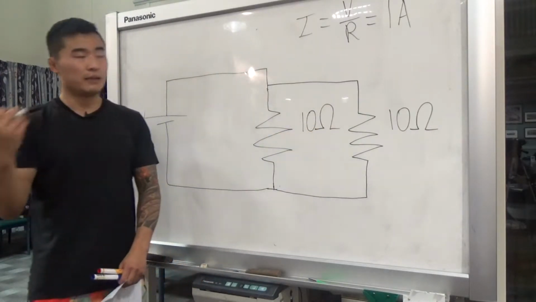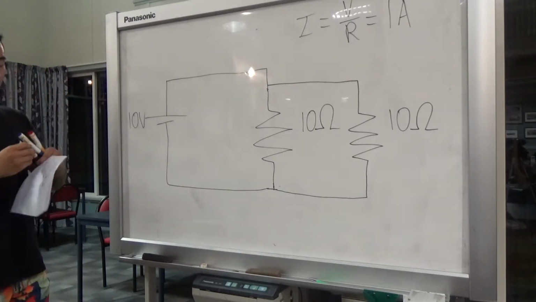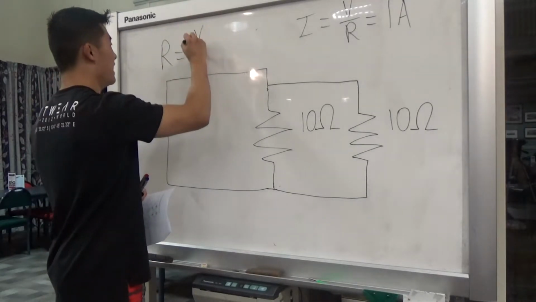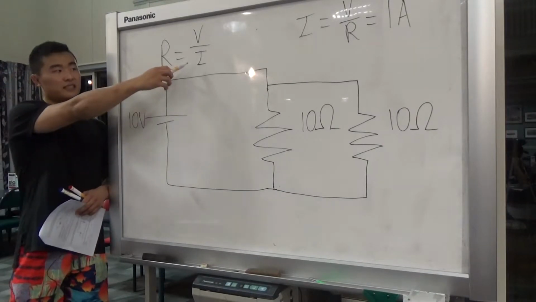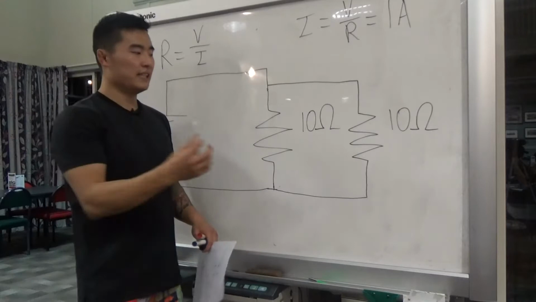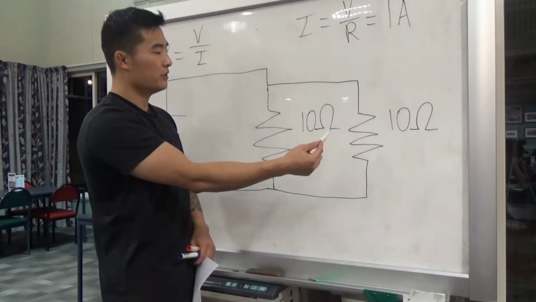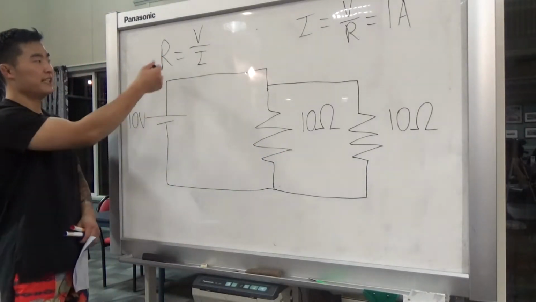So you're going to double your current, and your resistance is equal to V over I. So if you double your current, that's going to halve your resistance. What that means is that if you have 2 resistors in parallel and they're the same value, you double your current, which means that your resistance halves.